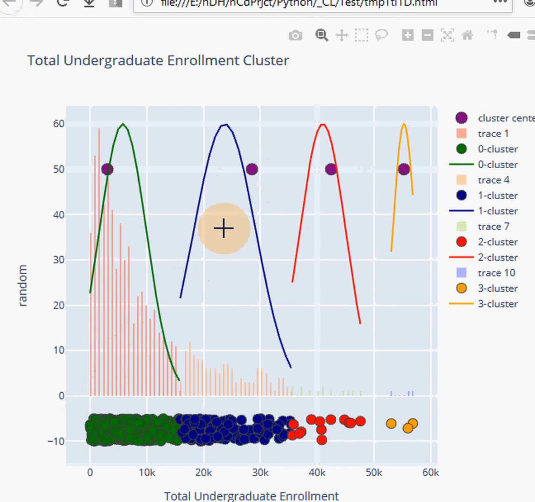Then they calculate the standard deviations and use that to measure how far away the selected peer institution is.